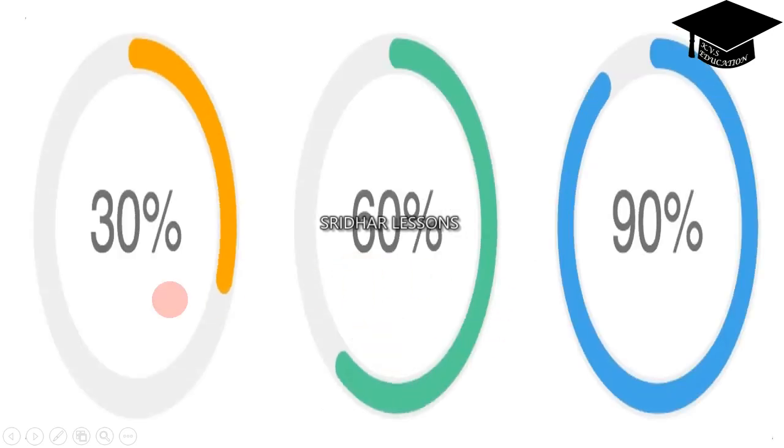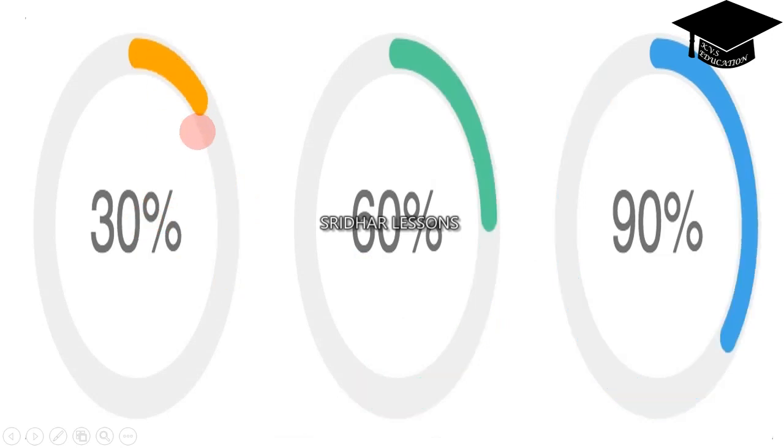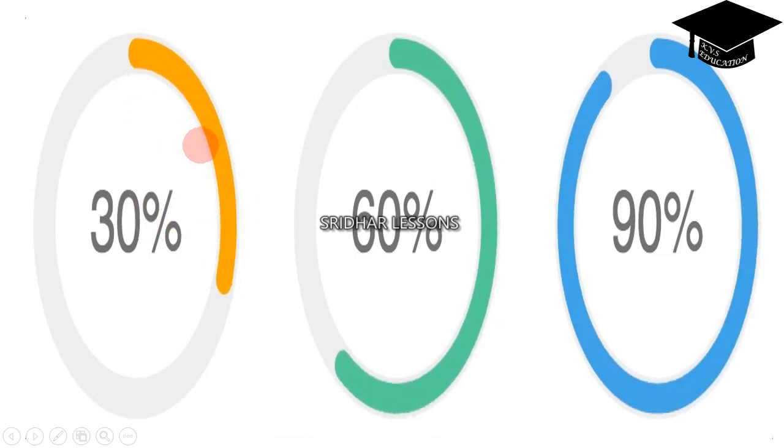Next, 30% can be represented like this for a circle, and 60%, if you observe, up to here it is 50% and up to here it is 60%. And if you observe this one, 90% of the circle is colored with blue.